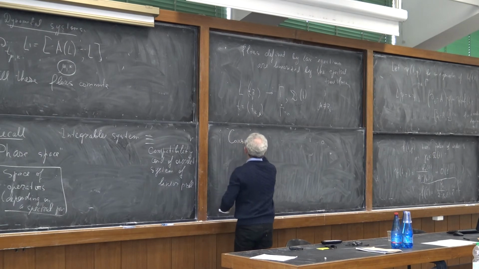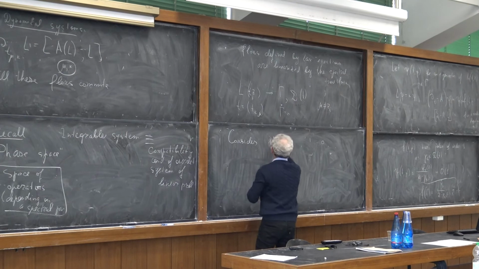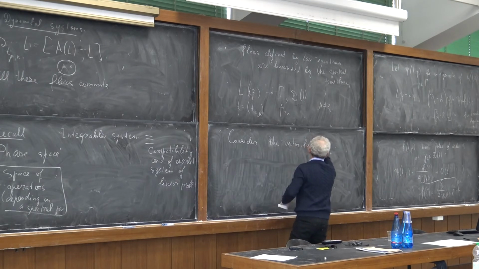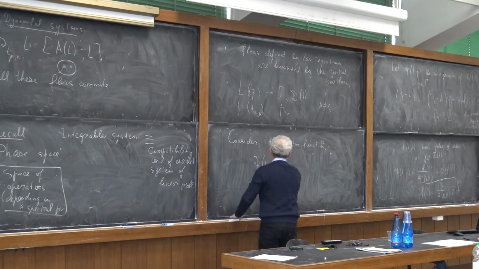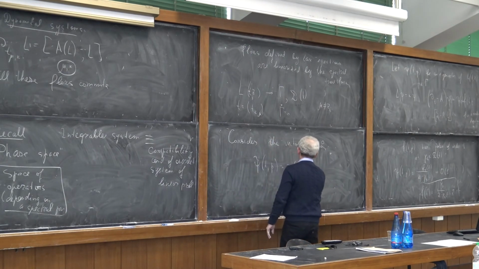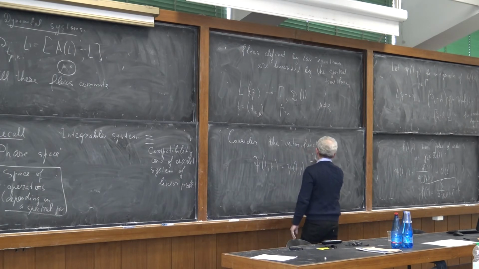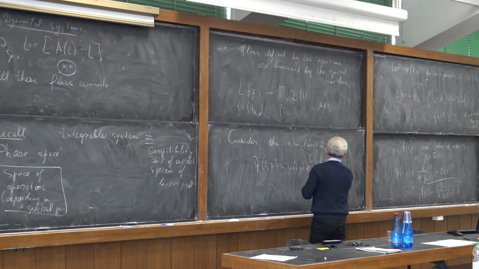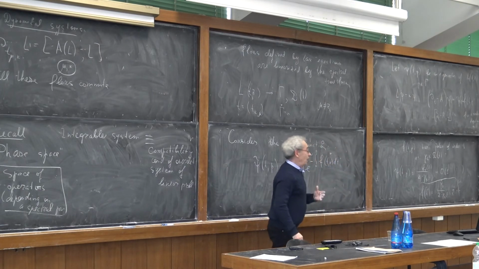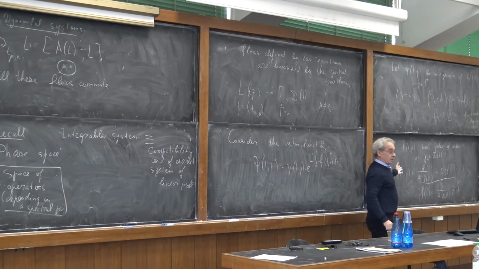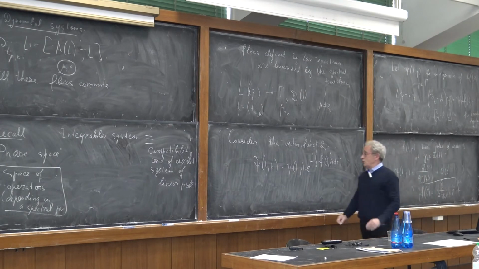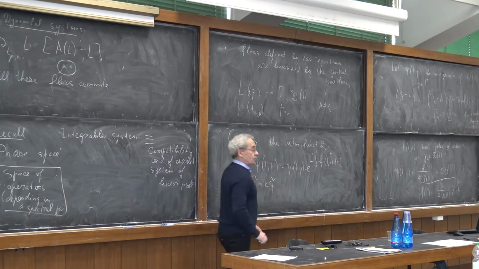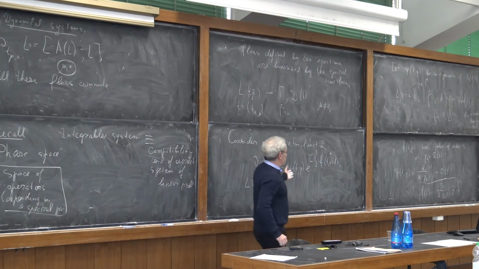consider the vector function psi tilde of T, P, which is just psi of T, P times e to the power negative integral from 0 to t of f of T, P dt prime. I'm just making a gauge transformation of my vector. By this choice, the result is that this psi tilde is, first of all, an eigenvector of the L operator because we just multiplied by some function.